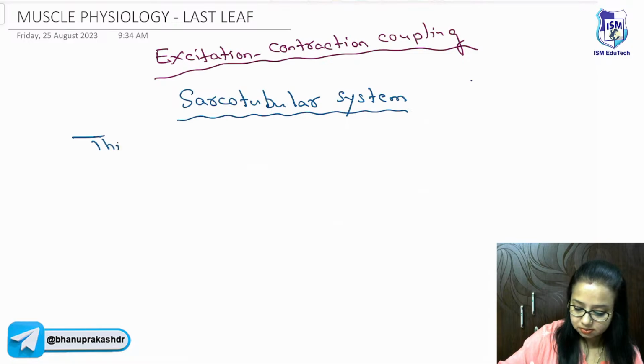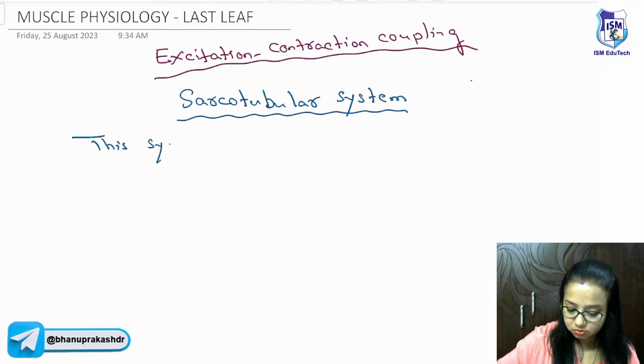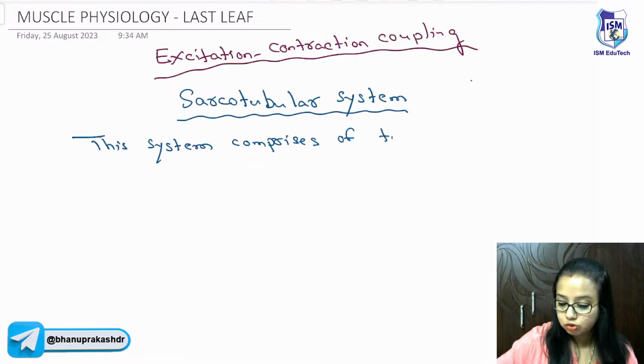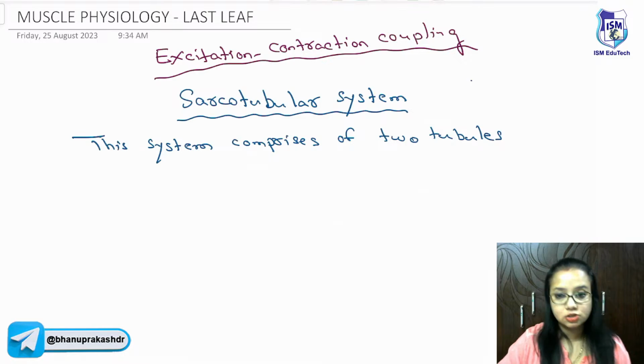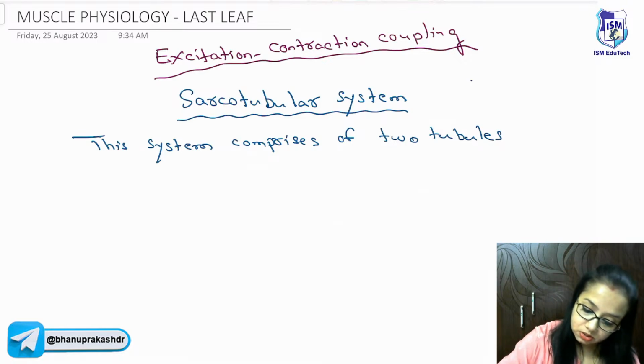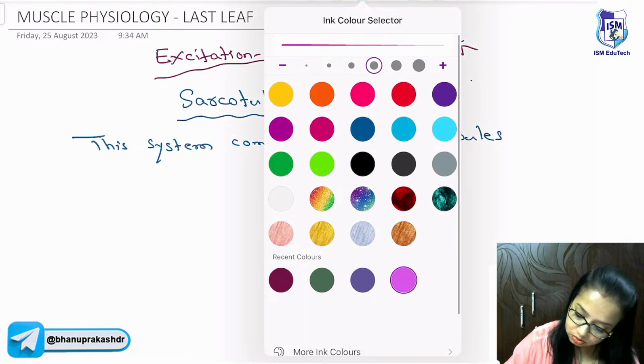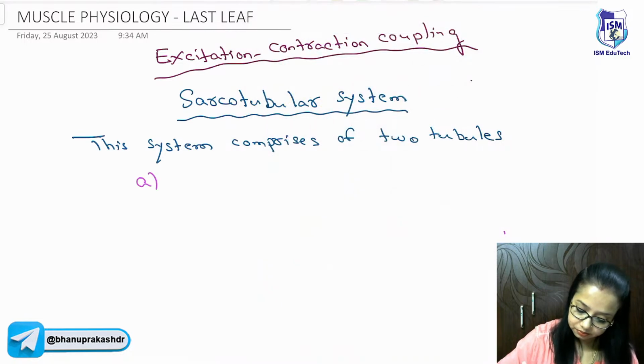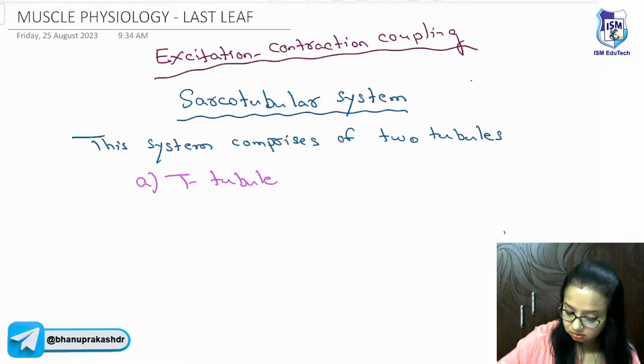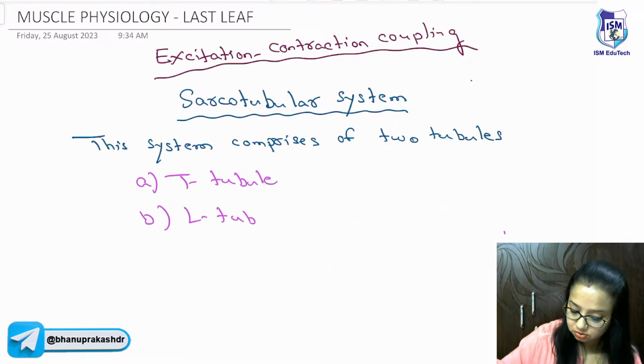This sarcotubular system comprises two physiologically and structurally distinct tubules, which are known as the T tubule and L tubule.